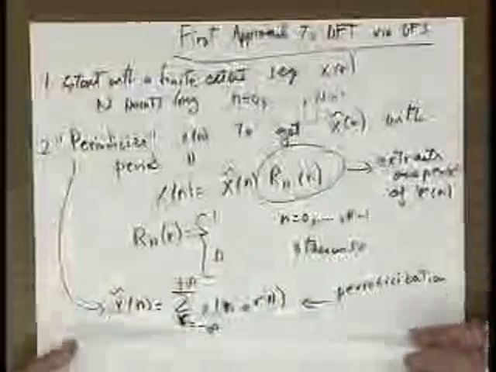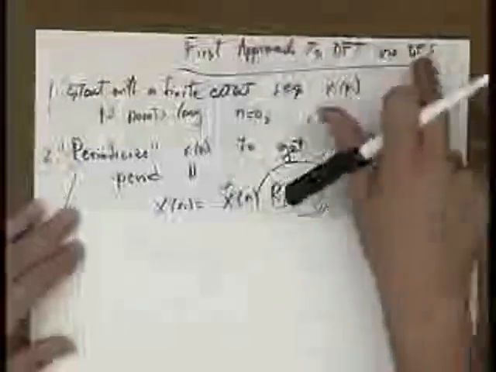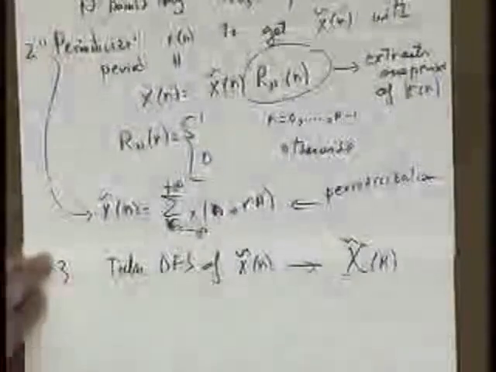And step number 3, now that I have a periodic signal, what do I do? I take its discrete Fourier series. Remember, the purpose of this whole exercise is to relate DFT and DFS, okay? So step number 3, take the discrete Fourier series of x tilde of n. We couldn't have taken the discrete Fourier series of x because x wasn't periodic, but first we made it periodic, now we take the discrete Fourier series, and that gives us the discrete Fourier series coefficients, x tilde of k, okay?